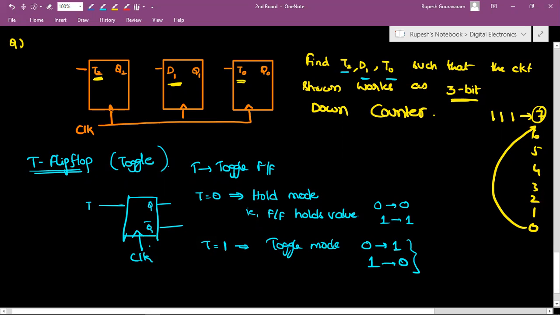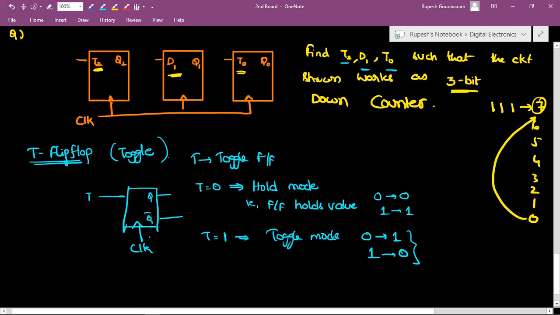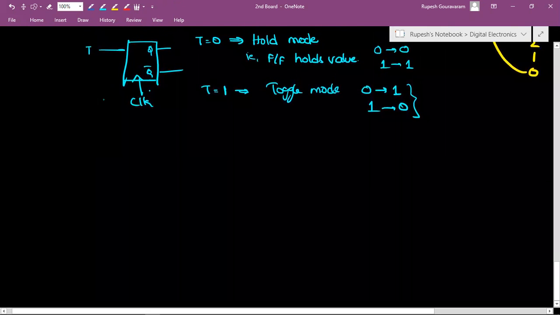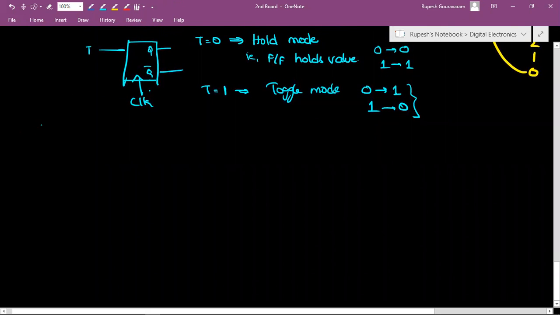Okay. Now, coming to the state table and excitation table of the T flip-flop. So let us take state table. T and Q, and this is Q plus. So this is the present state, this is the next state.